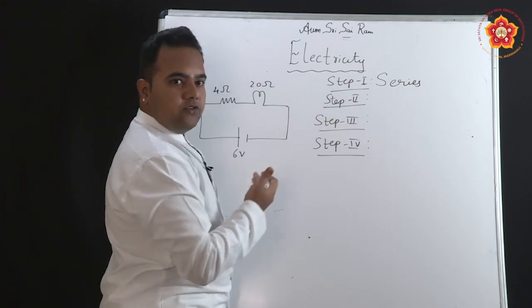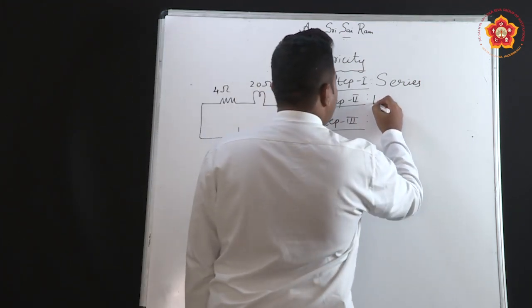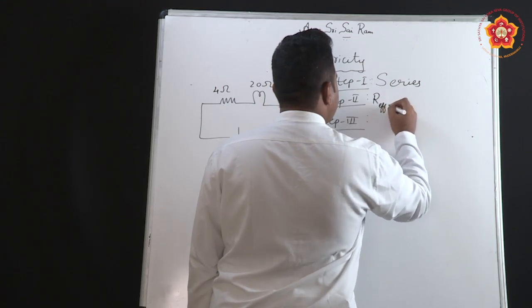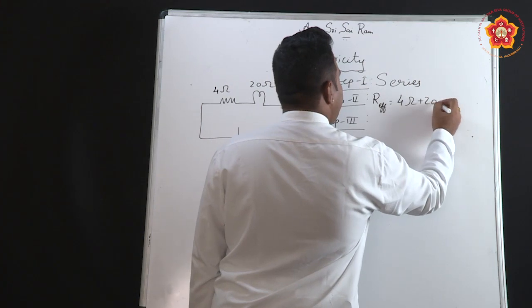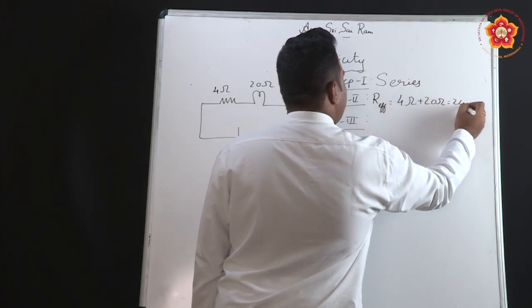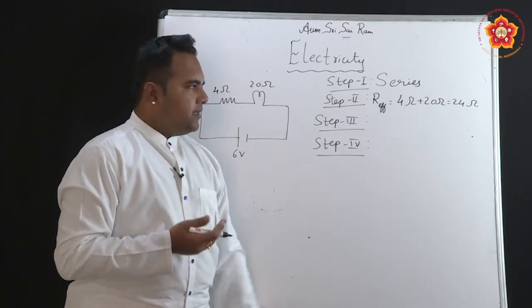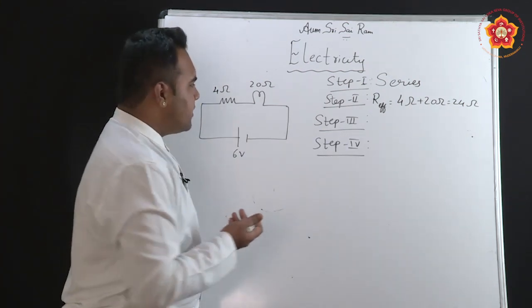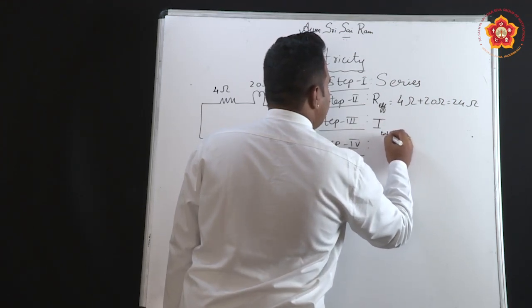Step 2, as per the question, we need to calculate the total or effective resistance. R effective is what? 4 ohms plus 20 ohms. So, that is 24 ohms. So, 24 ohms will be the total effective resistance in the circuit. Step 3, the total current they are asking, I total.